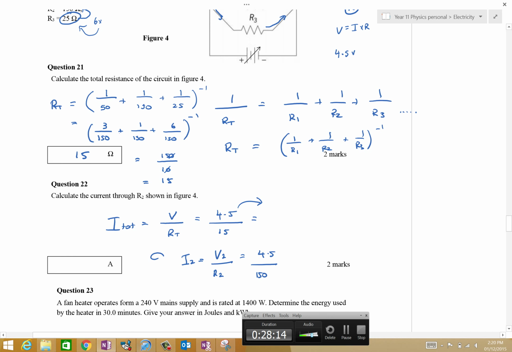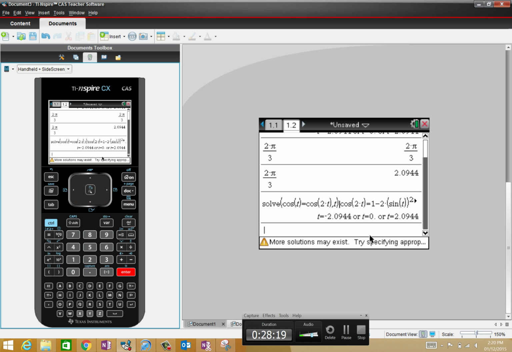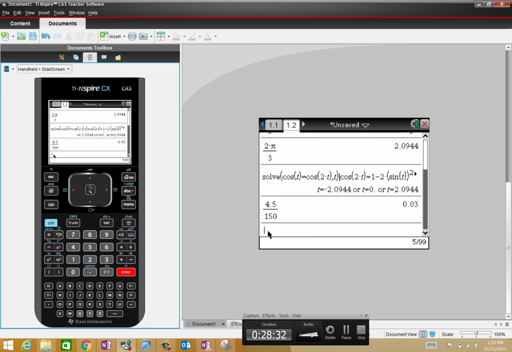If I was to do that, I'll work that out. 4.5 divided by 150 is 0.03 amps.